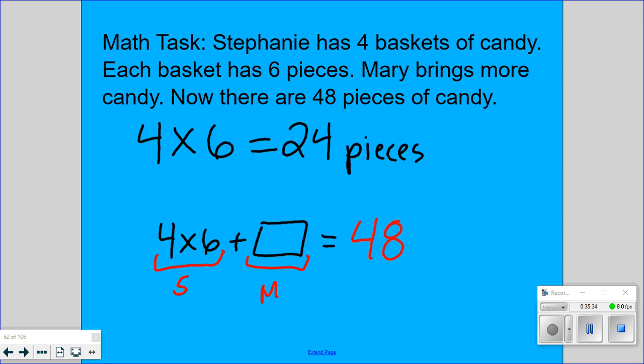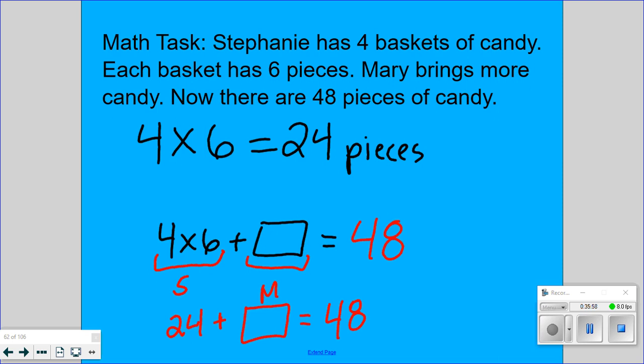24. So now I'm going to rewrite, instead of saying 4 groups of 6, I'm just going to say, hey, 24 plus Mary's mystery number equals my 48 pieces. You might have that equation already down.